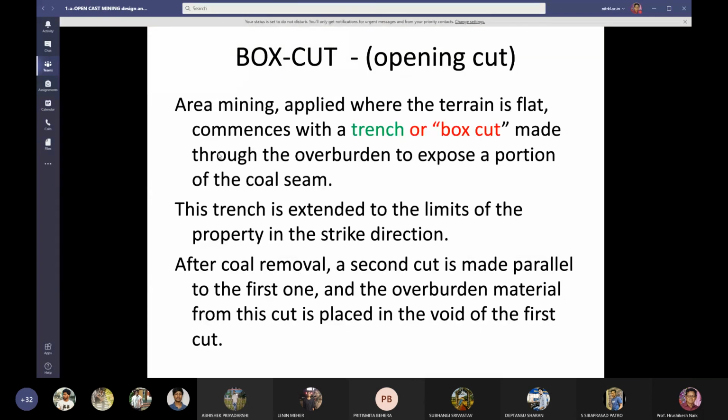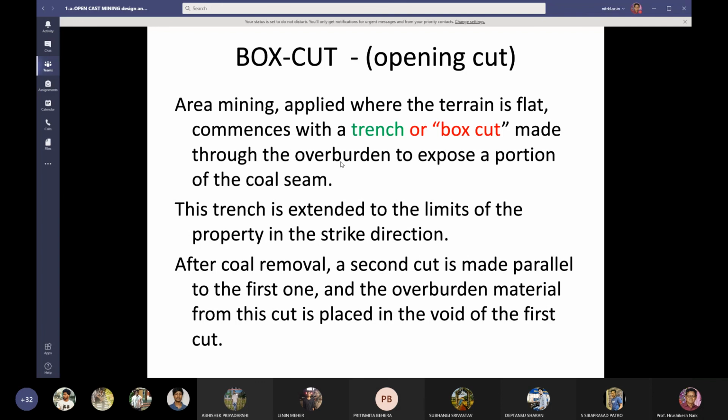In the initial stage, you have to do the box cut opening, development of the mineral deposit. This box cut will be discussed in the next class. In the next class, we will discuss what a box cut is and how the box cut is driven. This is the development work you have to carry out to reach the mineral deposit.